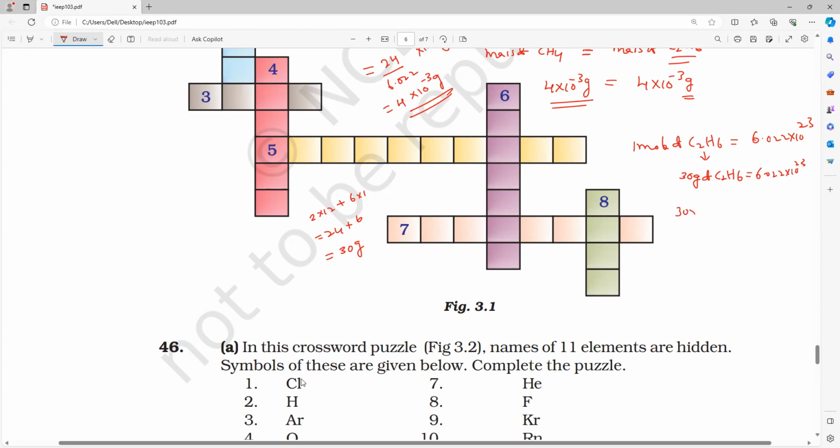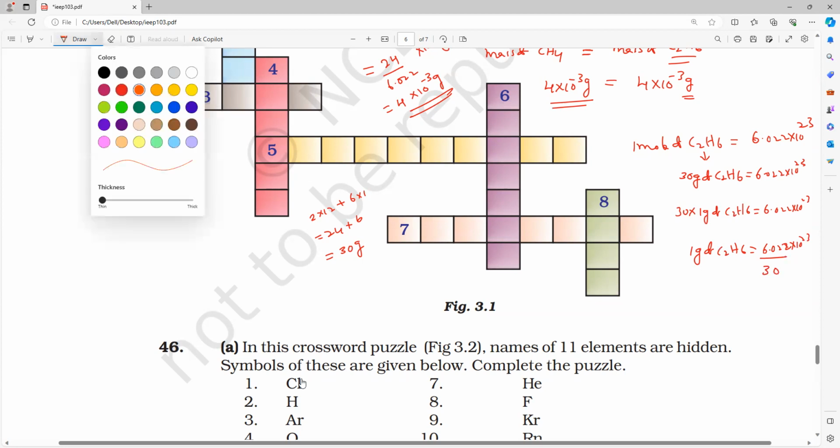So I'll write 30 grams of C2H6 equals Avogadro number. Then I will find for 1 gram. 1 gram of C2H6 contains Avogadro number divided by 30. Am I right, guys?